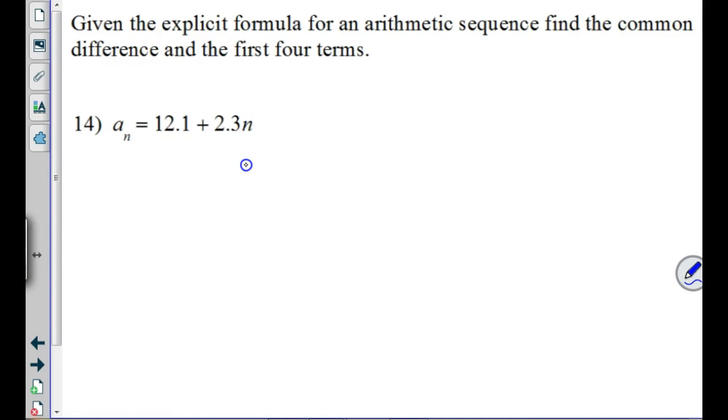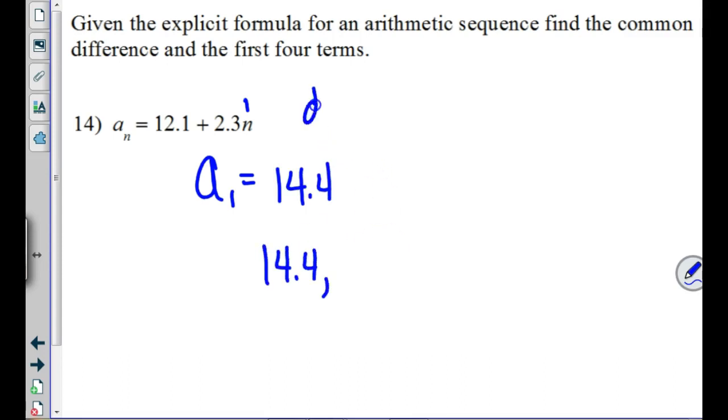So do we need to talk about this one real quick? Just tell me the first term. Put in a 1, and you get 14.4, and then what are you going to keep adding? Ooh, yeah, the difference is 2.3. It did ask in the directions for us to find the difference, which I didn't write on the last one.